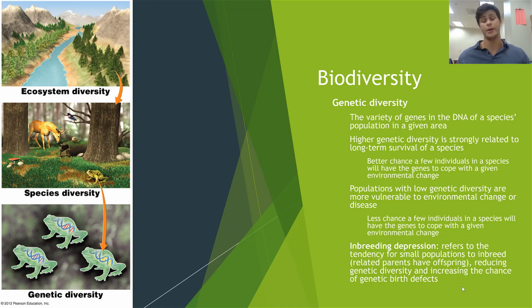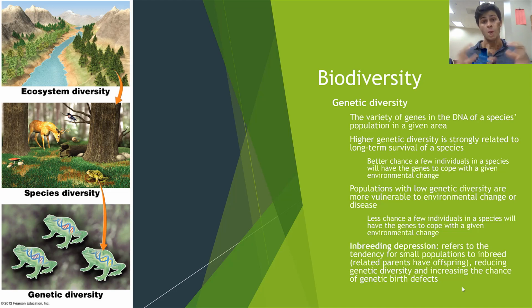When you have high genetic diversity in a species, that means that there are a lot of different types of mutations and a lot of different types of traits and adaptations within individuals of the same species. So if you have very high genetic diversity, there's probably a really good chance that if you have any given change in the environment, there are going to be a few individuals from that species that have the adaptations to cope with it.